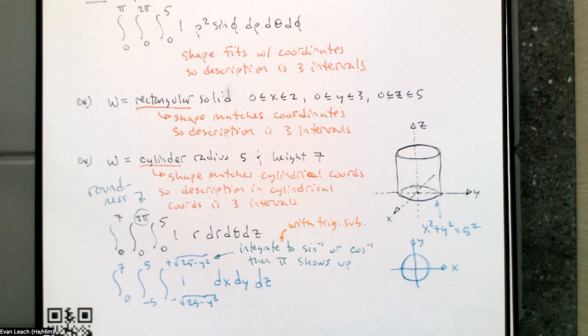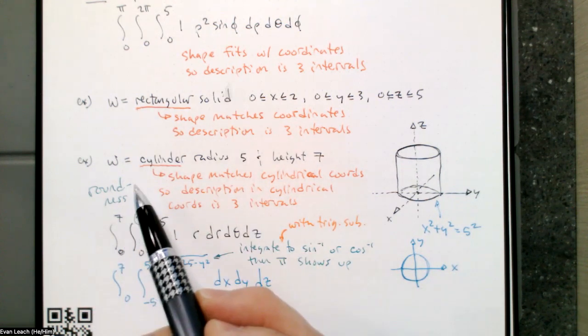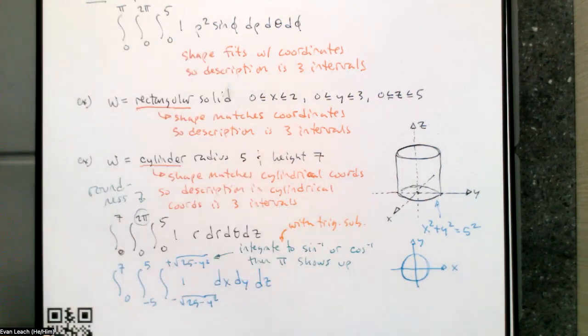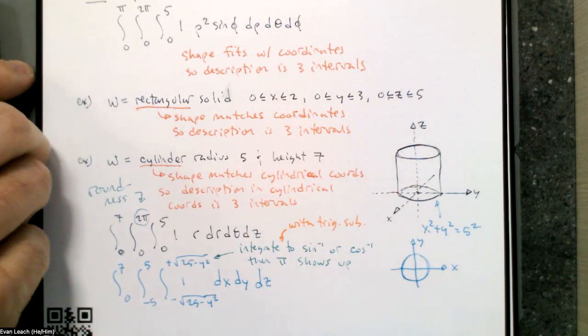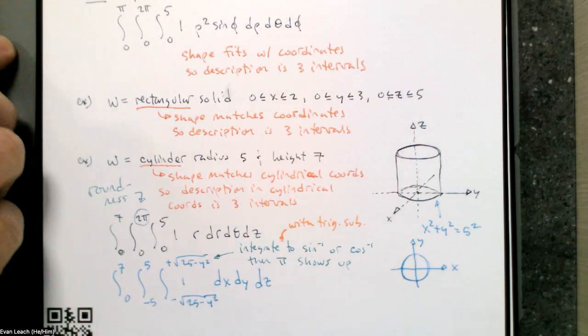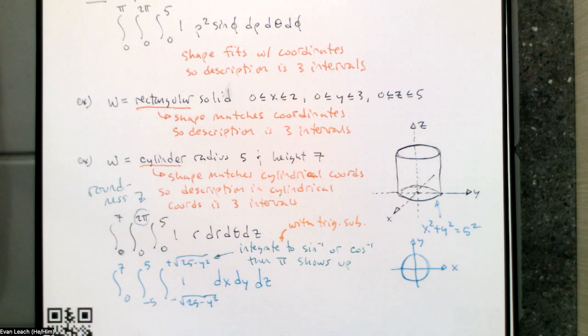So that's what we want to do. I want to describe a rectangular solid, a cylinder, and a sphere, not just in the best coordinates, but in the worst coordinates, the other two. I want to be able to describe shapes in alternate coordinates.